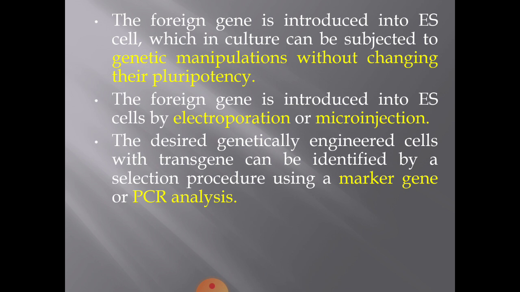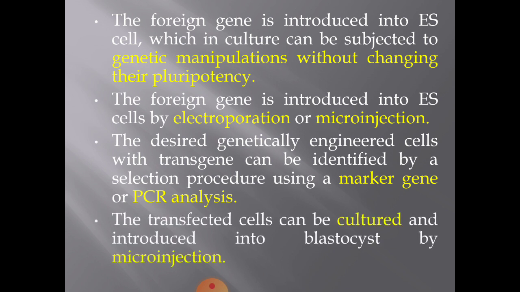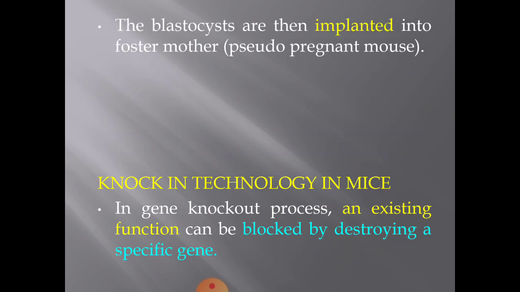Both I have taught already. Then, these transfected cells can be cultured and introduced into another blastocyst by microinjection. Then, these blastocysts are implanted into a foster mother, that is, a pseudo-pregnant mouse.